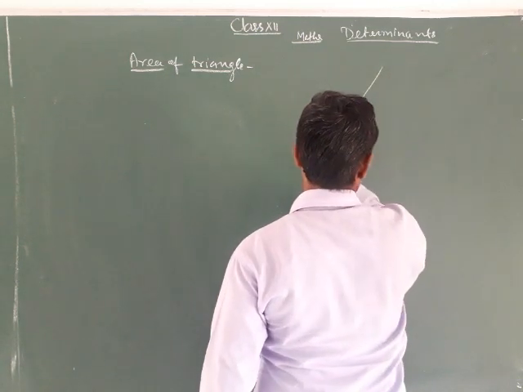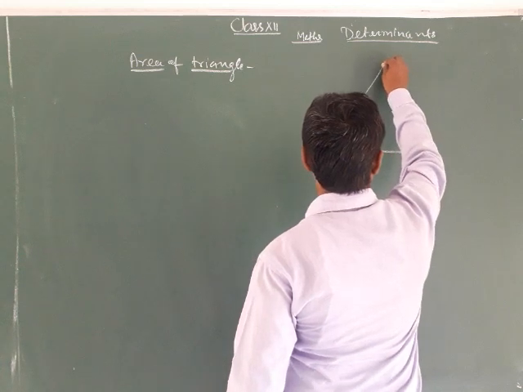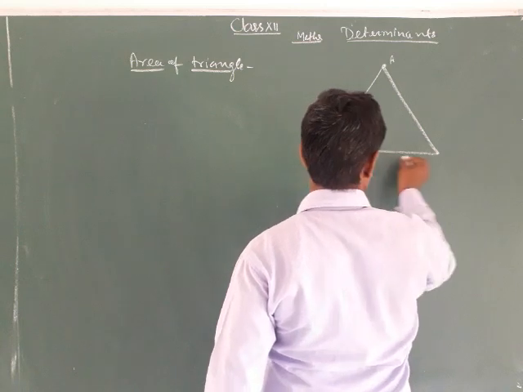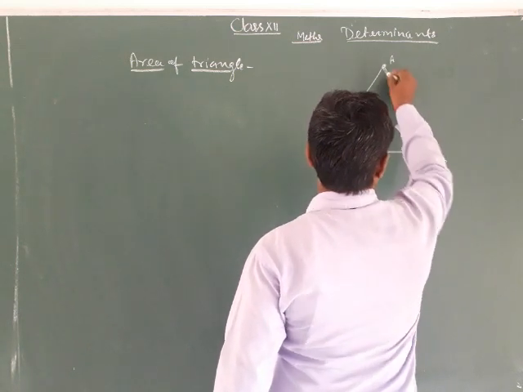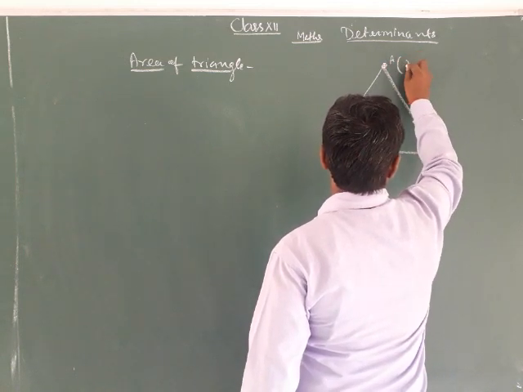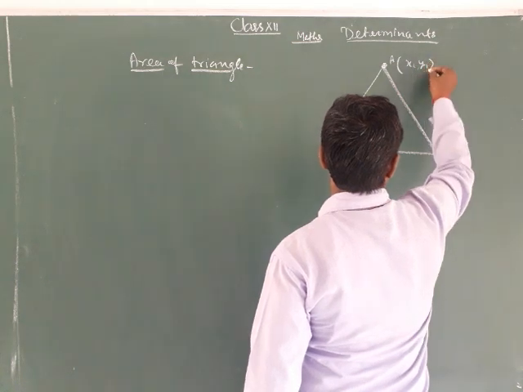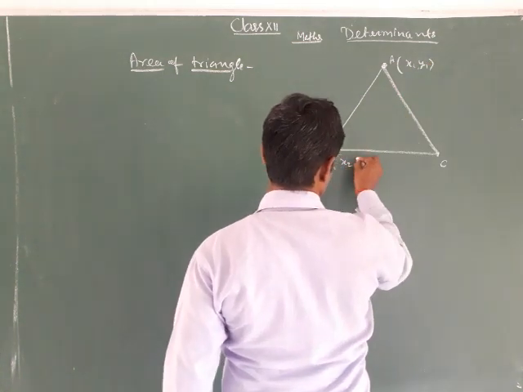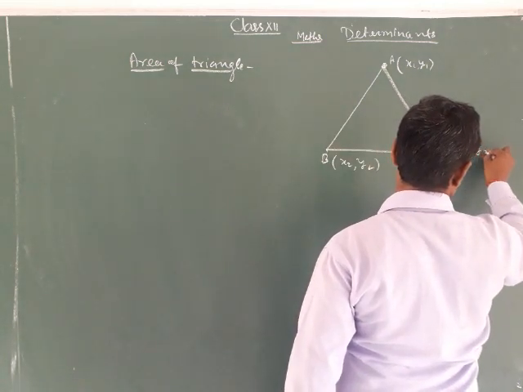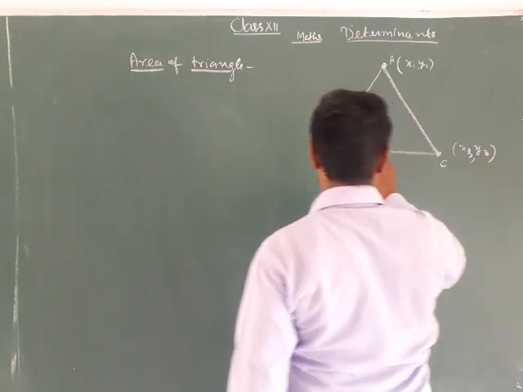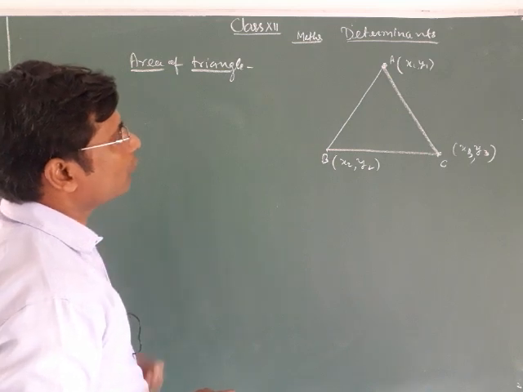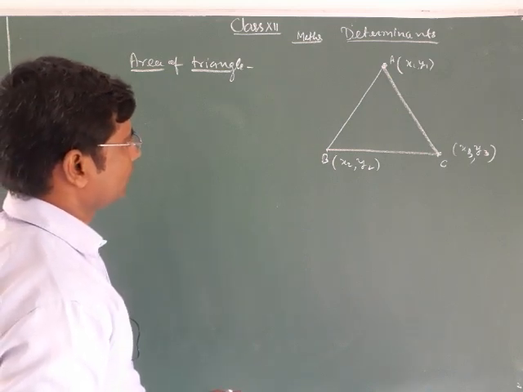Now draw a triangle with vertices A, B and C. The coordinates of vertex A are x1, y1, B are x2, y2, and C are x3, y3. These are the given points of the triangle.